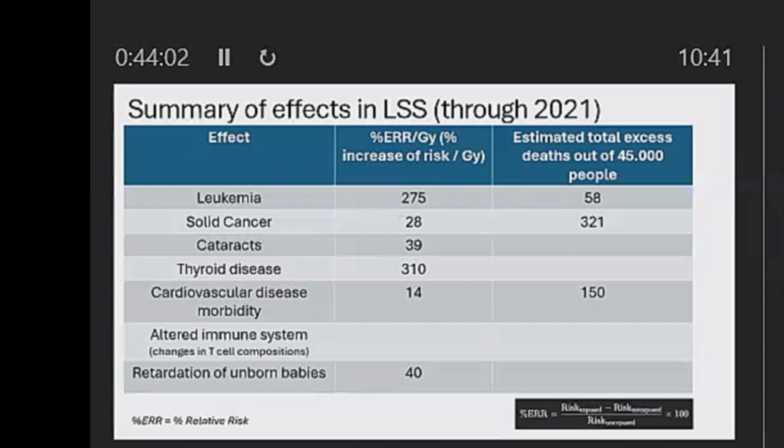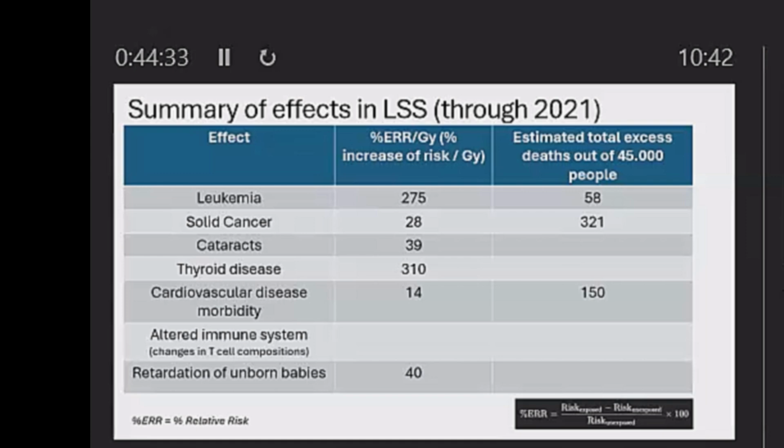This is in excess of the numbers that would have died naturally. So it's actually not that many people if you look at it. Of 45,000 people, maybe less than 500 or less than 1,000 have actually died due to these chronic effects.